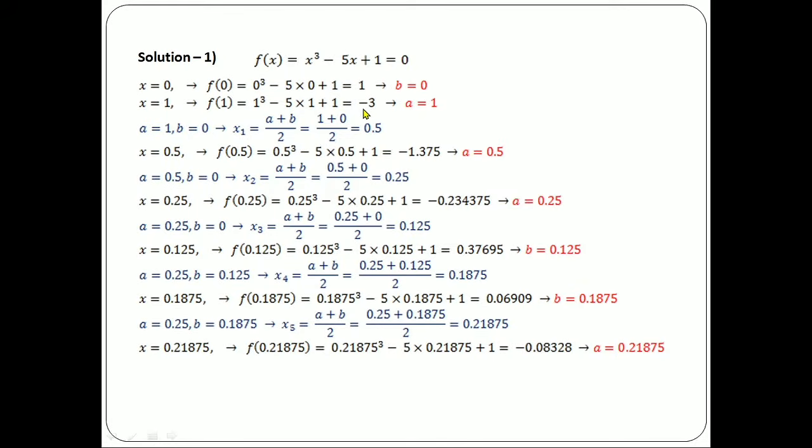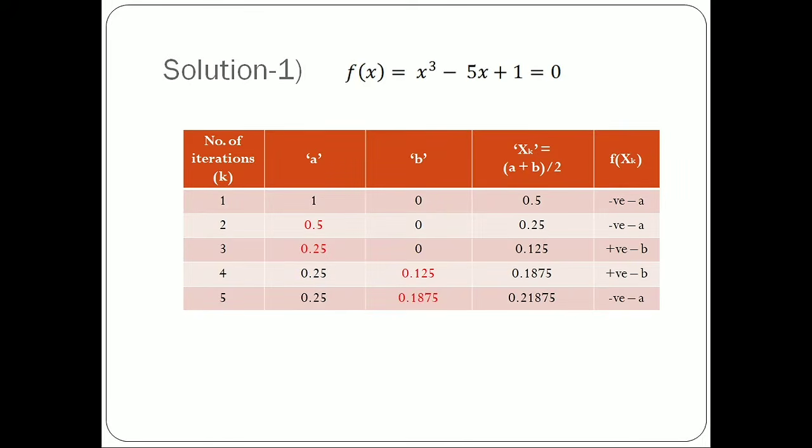You can see that f of 1 is giving the negative value, and we have the practice of having a negative value for f of a. So a will be 1, b will be 0, right? This is the first stage solution, and after that we will go for the bisection solution. This is the complete solution, you can check, and this is the brief of it. After 5 iterations, we got this value.